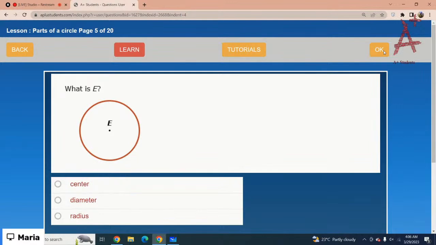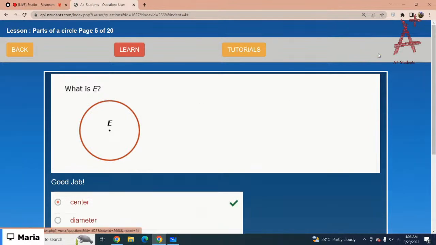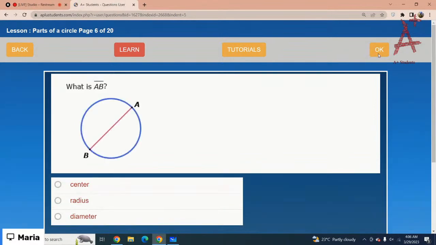What is E? Center, diameter, radius. Yes, E is the center of the circle. What is AB? AB is the diameter.